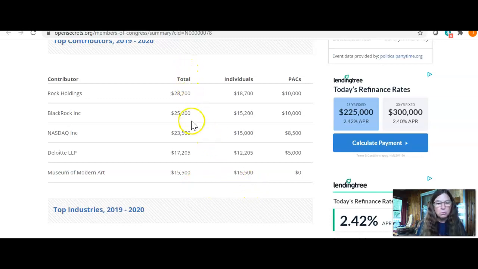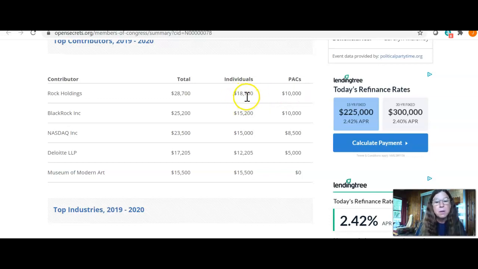Now, again, read carefully. We have the total columns. Individuals connected to the Museum of Modern Art donated $15,500, but there was no PAC connected to the Museum of Modern Art that contributed money. That's zero. But if I go up to Rock Holdings, I can see that their PAC associated with Rock Holdings contributed $10,000, which is the current legal limit for them.